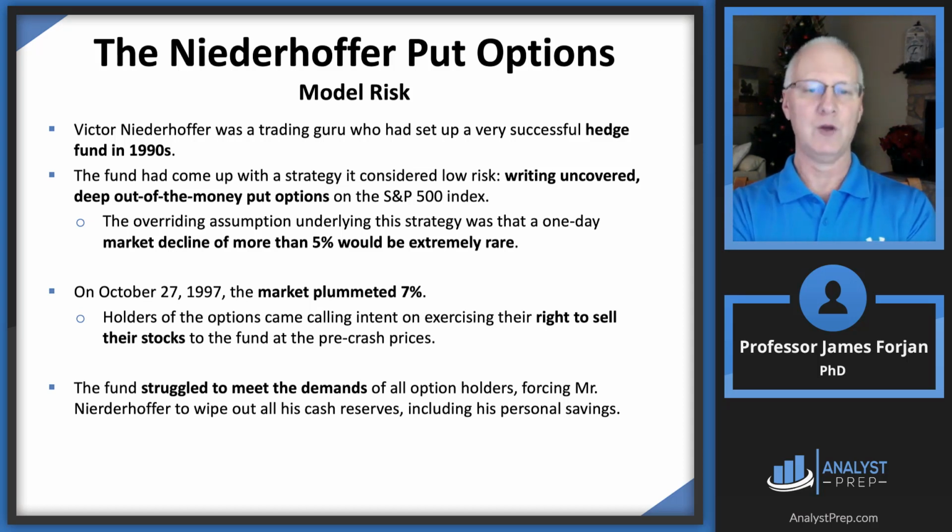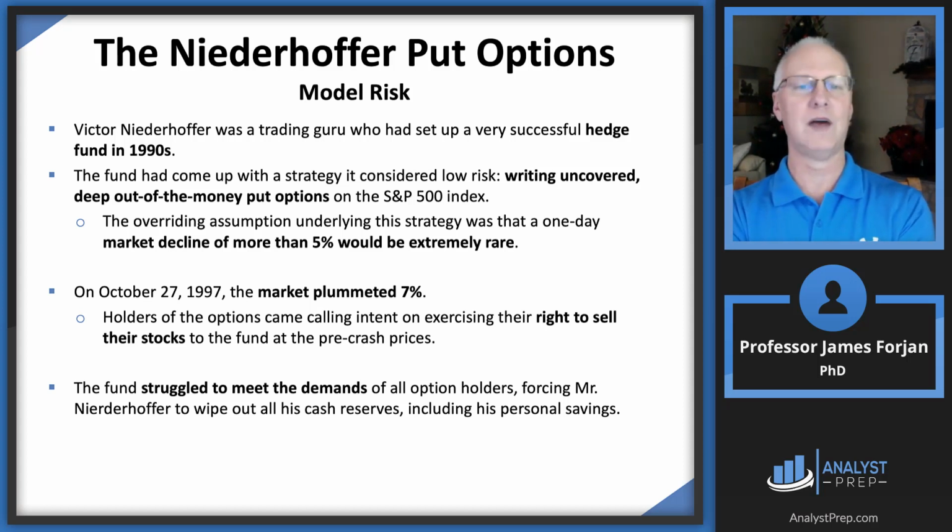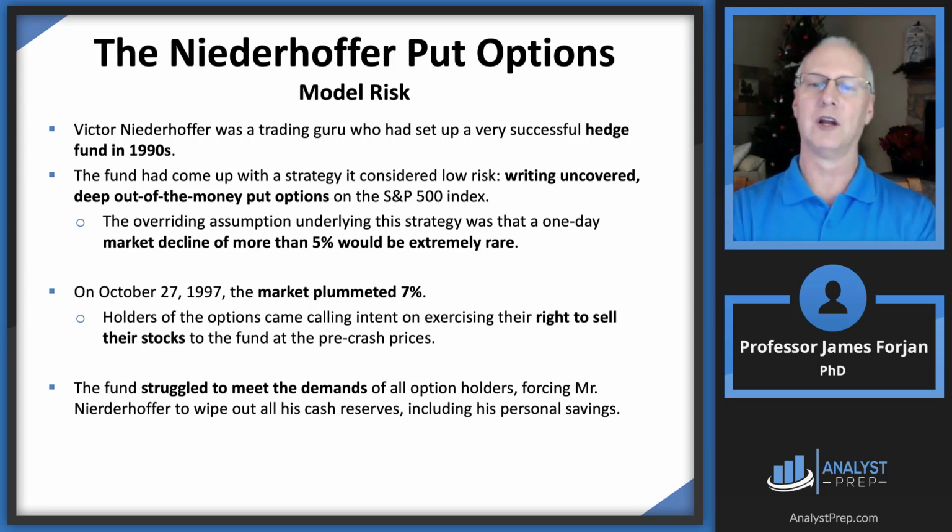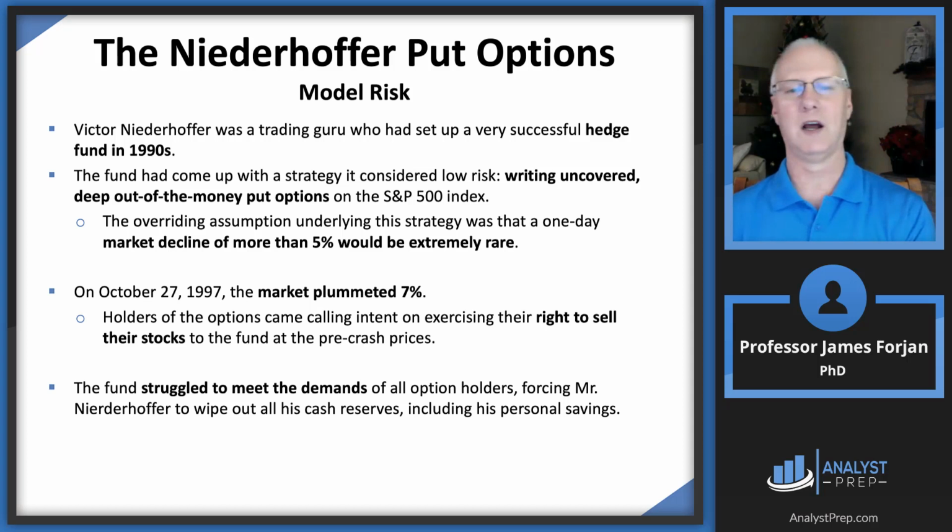If you own that option and it's expiring on October 27th or even the 28th, you're going to show up at Victor's door and say, I want to sell the S&P at 2,800, and maybe it's 2,600 or whatever that is. Since these were uncovered, Victor was forced to wipe out all his cash reserves, including his personal savings. Boy, that sounds painful, doesn't it?